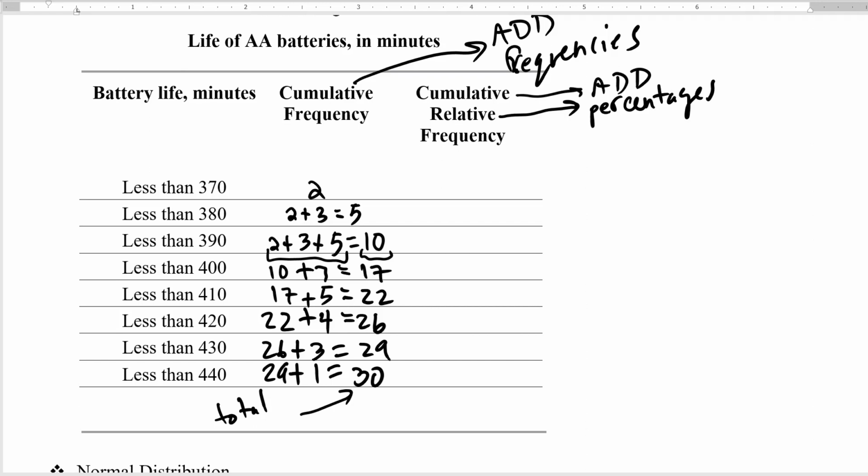So the first one would be 2 out of 30. The next one would be 5 out of 30. So we could take the one that's added and turn it into percentages, or in the previous table we had all the percentages, we could actually add the percentages. Either way, since we already have these totals, I'm just going to put each one over the total.